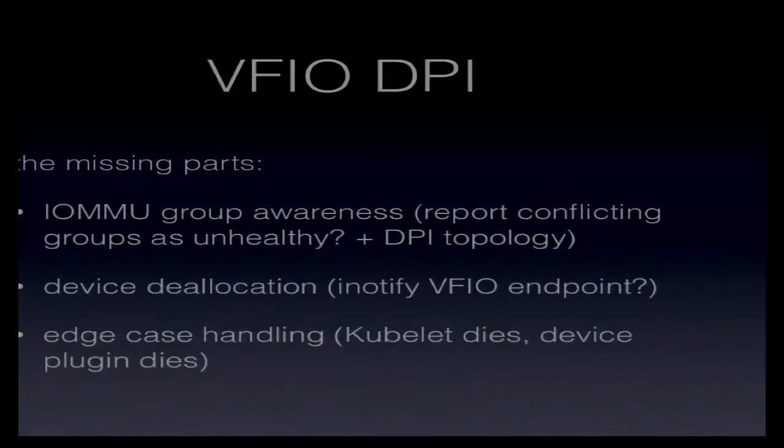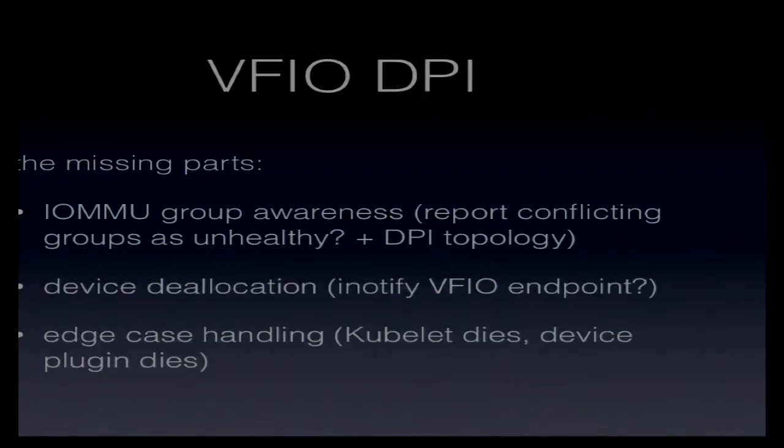This might be worked around by having health reporting of each device. This is one thing I forgot about device plugins: they also allow you to check the health of devices. And this might be abusable to plug in the IOMMU group awareness. So you would report devices within one group that are not to be assigned as unhealthy. It's kind of hacky, but it might work.